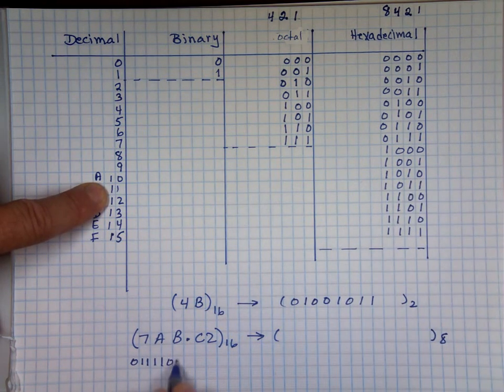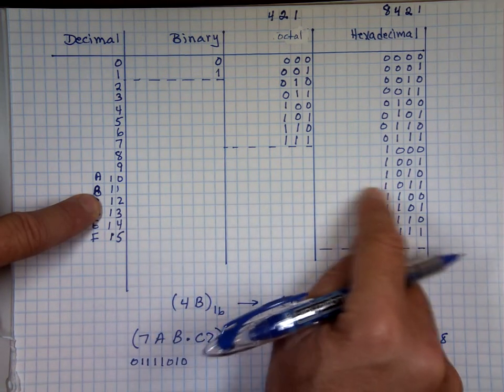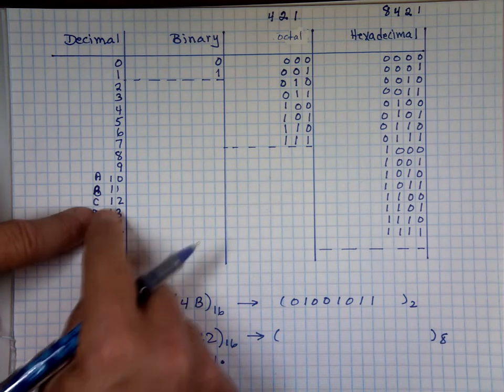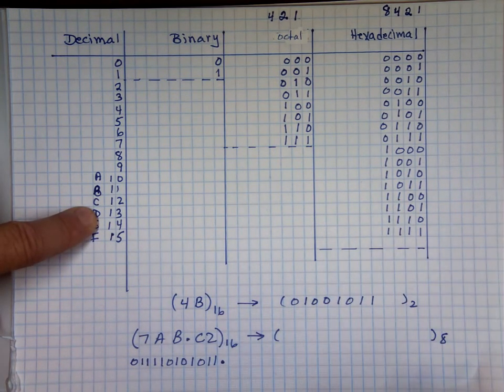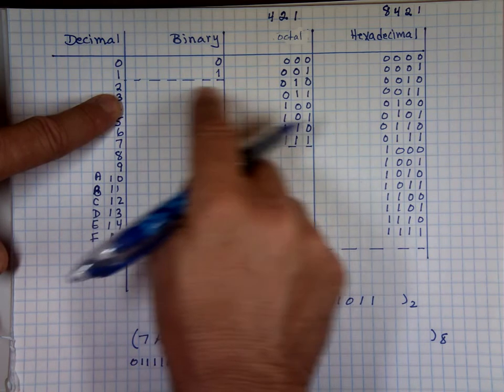Replace the B with what? 1, 0, 1, 1, as the point. The C, 1, 1, 0, 0. And the 2, which is what? 0, 0, 1, 0, right?